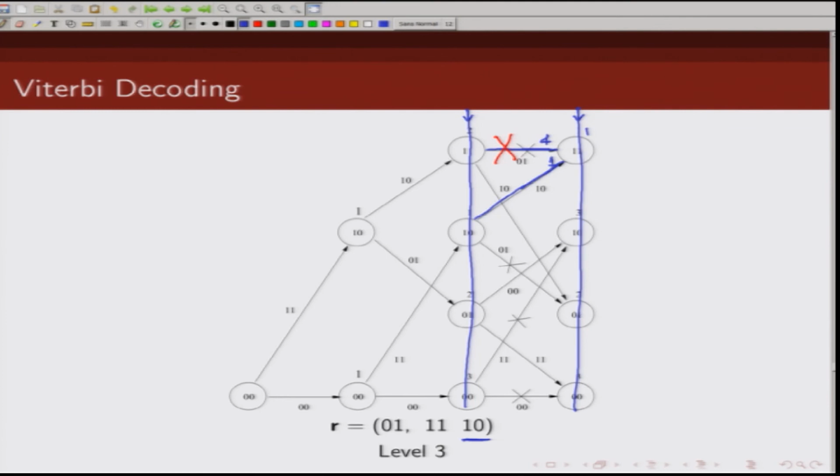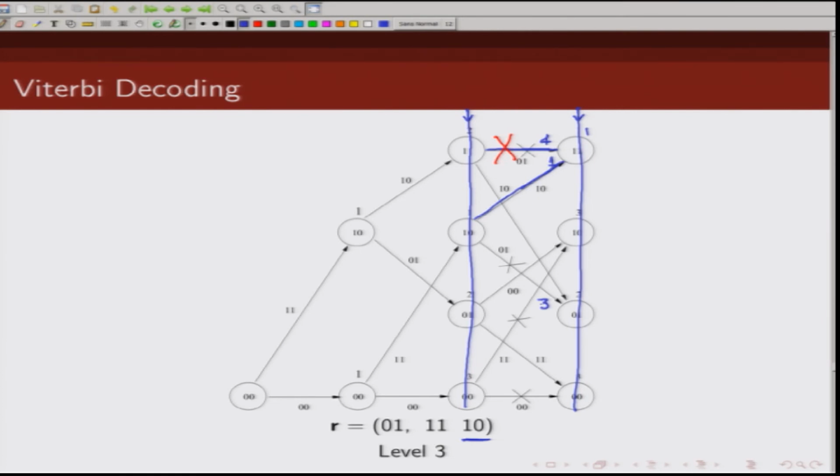Let us just take this example, this node 0 1. One path metric we will get by adding the partial path metric of this, which is 1, and 0 1 and 1 0, which is Hamming distance of 2. So, 1 plus 2, this path is giving me a partial path metric of 3. What about this path?